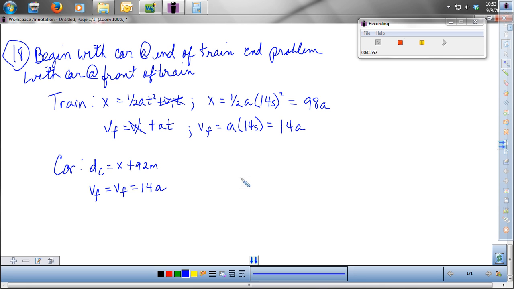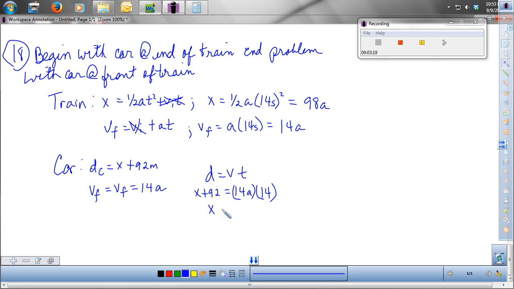Okay? So what I said was that distance is equal to speed times time. So distance is x plus 92. And I'm not going to worry about the meters. The speed is going to be 14A. And it's going to last for 14 seconds.